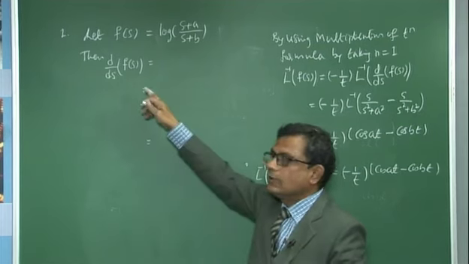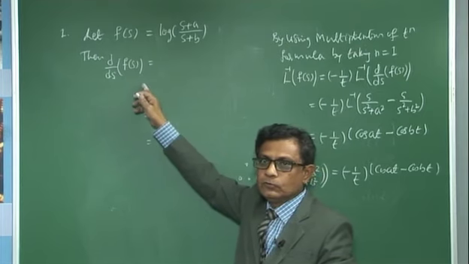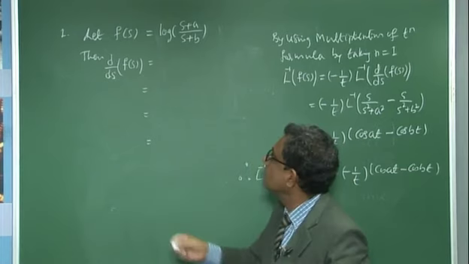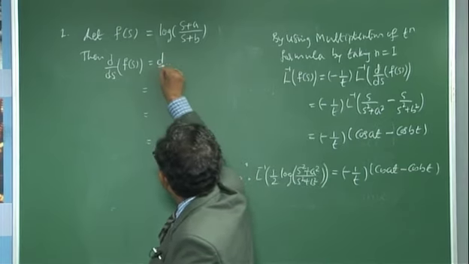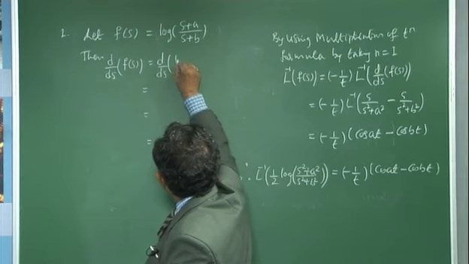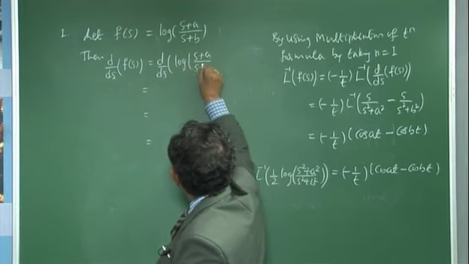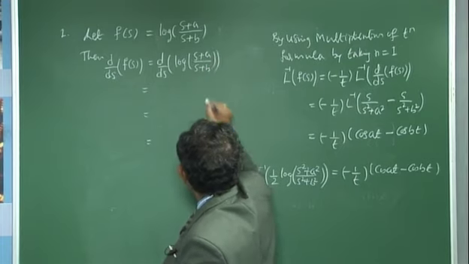First you have to find the derivative of the given function, d by ds of f of s, which is d by ds of log of (s plus a) by (s plus b).